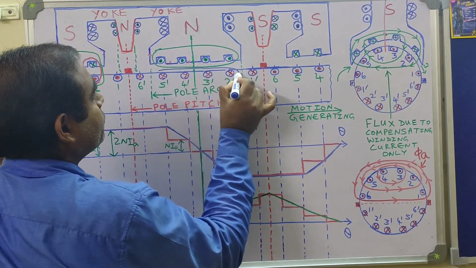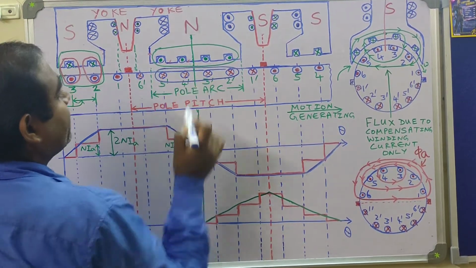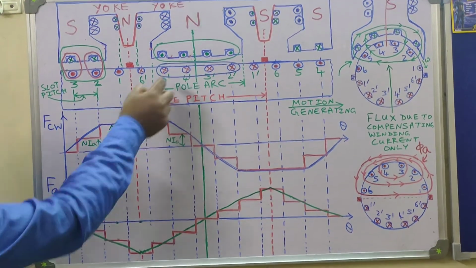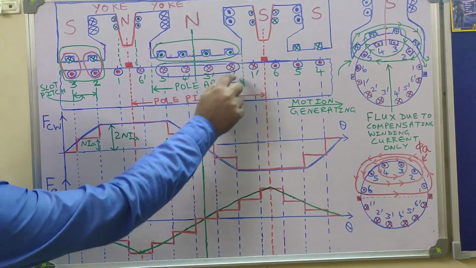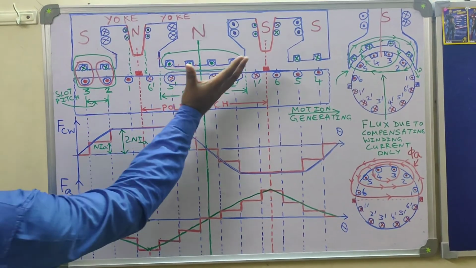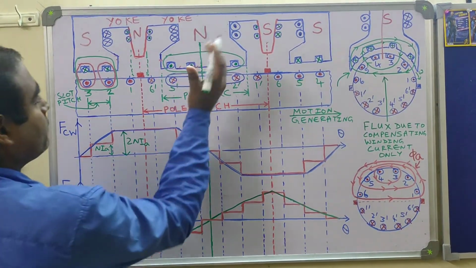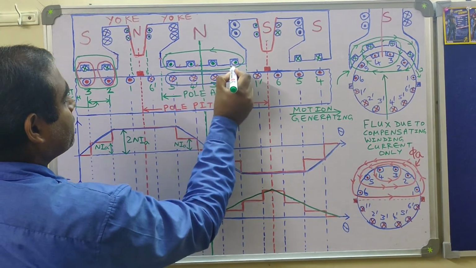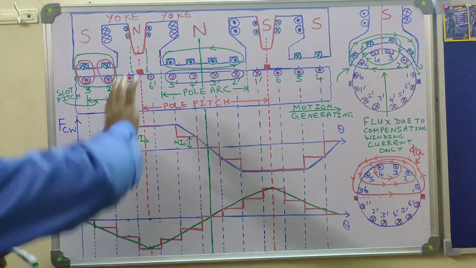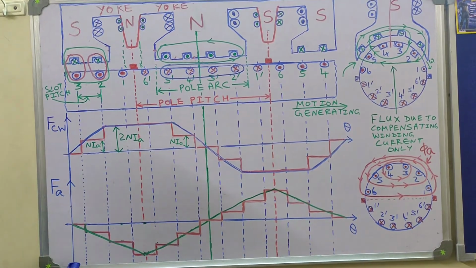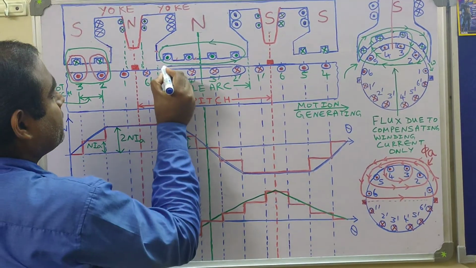So if you choose this path, dot means it is leaving, so the arrow will be here. So it is like this, and here cross means it is entering. So you see here, for cross it is like this.